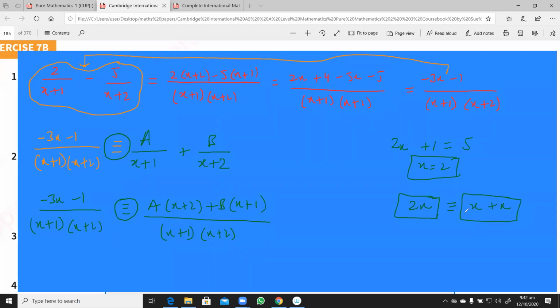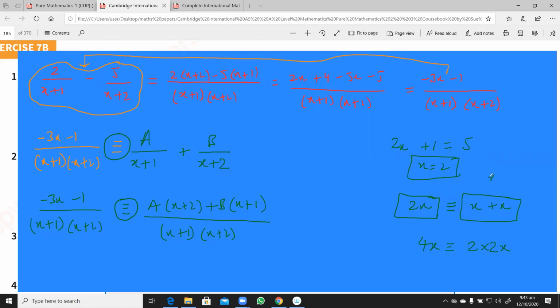We cannot solve an identity. Identity means the left hand side and the right hand side are representing the same thing. Like for example, if I have 4 that is equal to 2 times 2, that is an identity. If I write 4x equal to 2x plus 2x, this is going to be true for all values of x. When you solve an equation, you get a value of x, but an identity is true for all values of x.